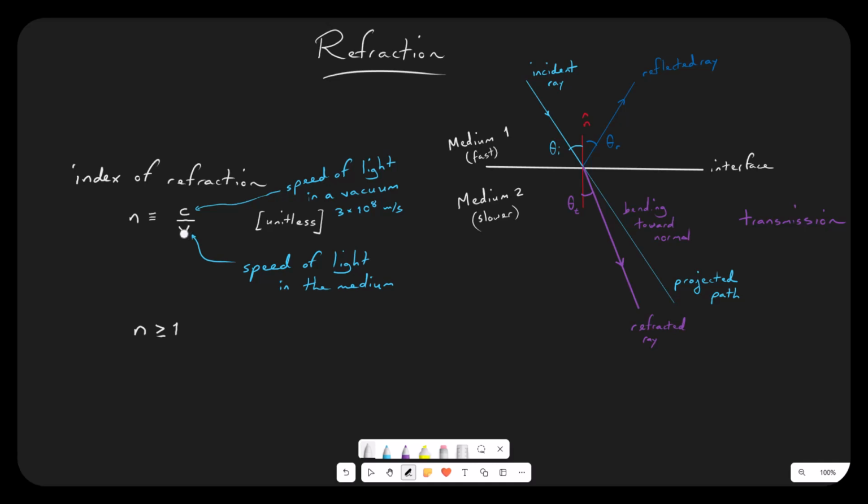If I'm moving in anything with more material in it than a vacuum, which is really anything at all, if I'm moving in air, I will move a little bit slower. So my v will be a little bit less than c. I will have c divided by something that's a little lower. I'm going to get an index of refraction that's a little bit bigger than 1. For air, it's a 1 point, and then it's followed by a couple of zeros before other things start happening. So we just treat that as 1.